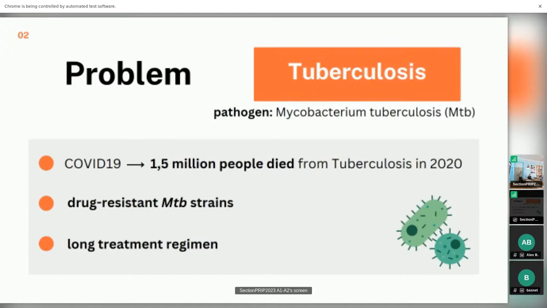Each year, the number of drug-resistant Mycobacterium tuberculosis strains is growing. Therefore, the problem of tuberculosis treatment is extremely difficult and pressing for the scientific society.